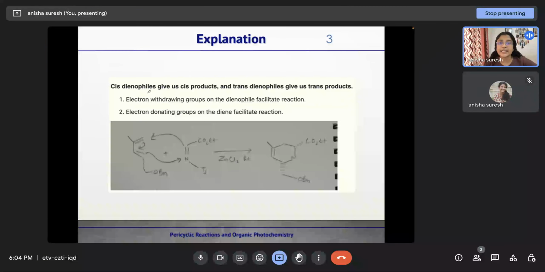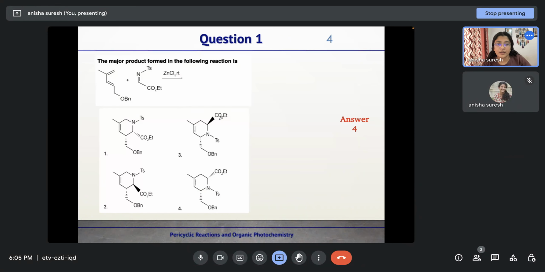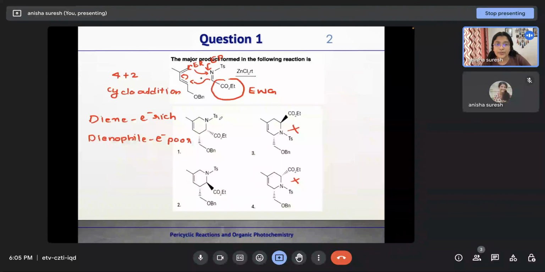We have seen that electron withdrawing groups on the dienophile will facilitate the reaction. So CO2Et is on the dienophile, so that will make the center electron deficient. Hence the electron rich component should, sorry, there is one correction.